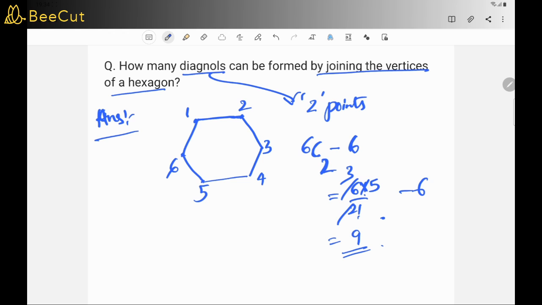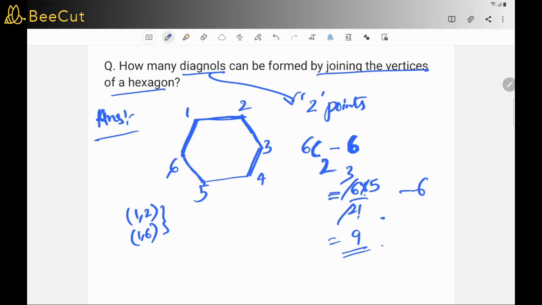So why did we subtract this 6? Because in this selection it can be 1, 2, it can be 1, 6. So what are 1, 2 and 1, 6? These are nothing but the sides, they are not the diagonals. So we will end up getting 6 sides. So that is why we need to subtract that 6 here.